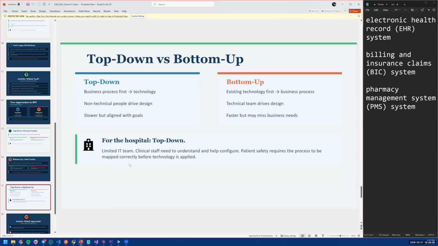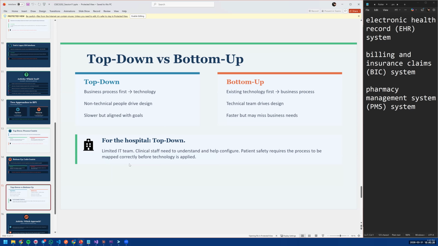Right. In my notes I have here, it says top down is more appropriate because clinical staff need to be involved. The IT team is small, so the business process driven design is more practical. Patient safety requires the process to be mapped accordingly before technology is applied. Okay.